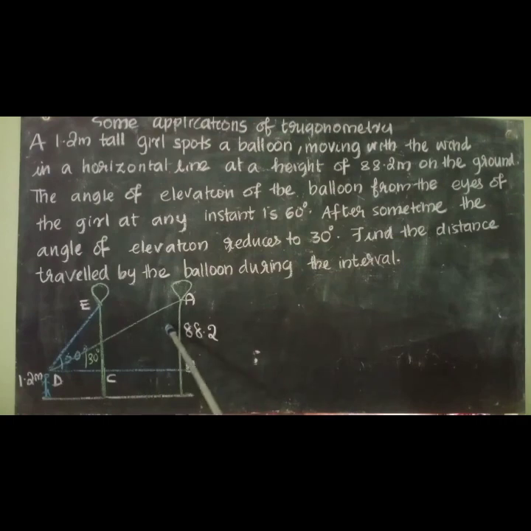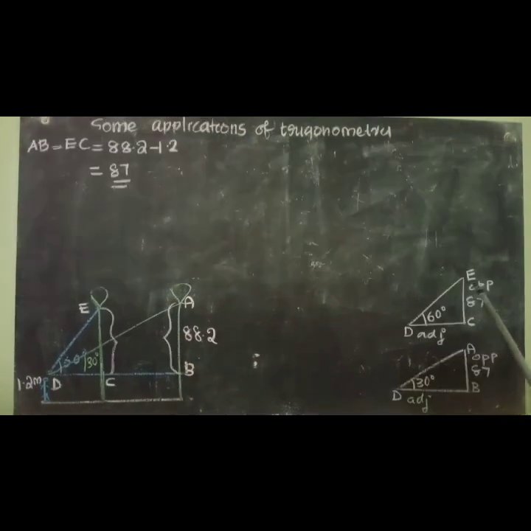So let us draw the right triangles separately. The right triangles are triangle ECD with the acute angle 60 degree and triangle ABD with acute angle 30 degree. Now you see in the figure this 88.2 is the height from the ground level. But we need only till AB, means height from the horizontal level.